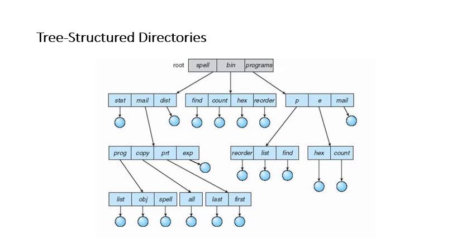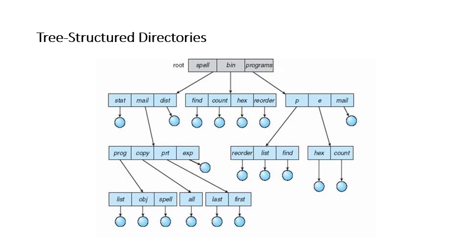So users can create their own subdirectories. The tree structure is the most common directory structure nowadays, what we all are using. The tree has a root directory, and every file in the system has a unique path.